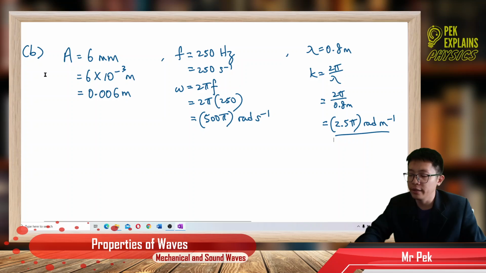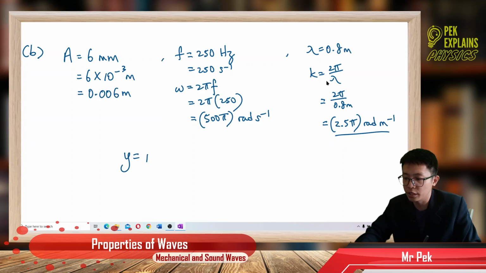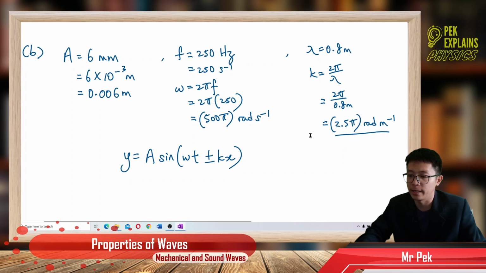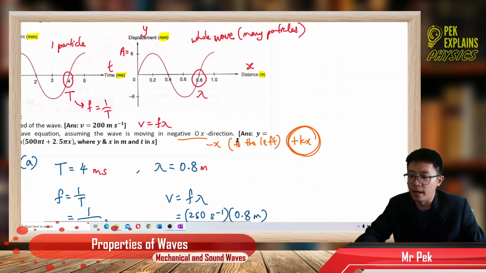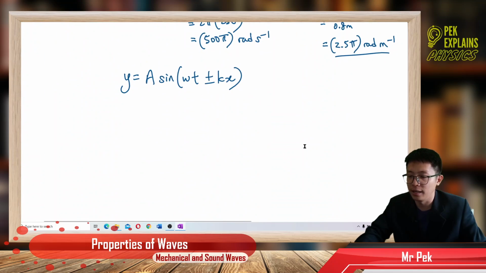Alright, so I already have my A, omega, and k. Now we just put them into the general formula of A sine omega t plus minus kx. The direction is to the left, so to the left is positive kx. So this must change to positive.